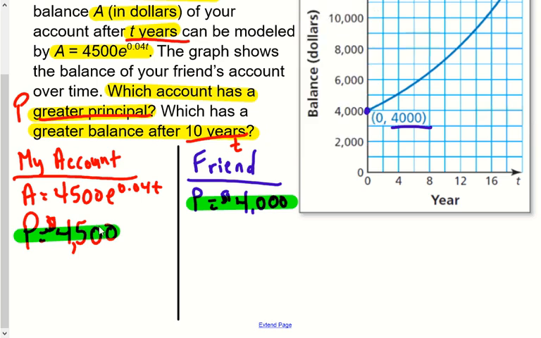So all we're going to do there is plug in 10 for T. So we'll have A equals 4,500 e to the 0.04 times 10. So plug that in your calculator.